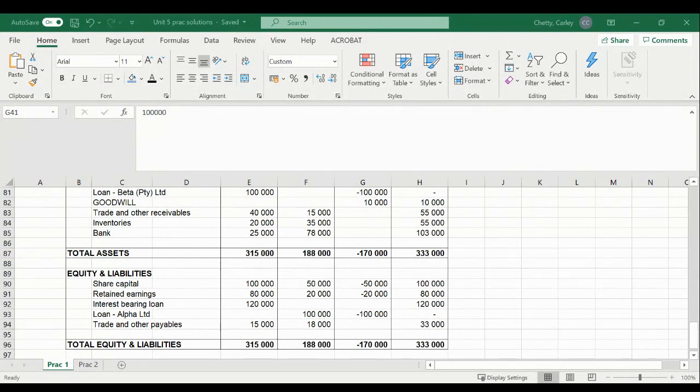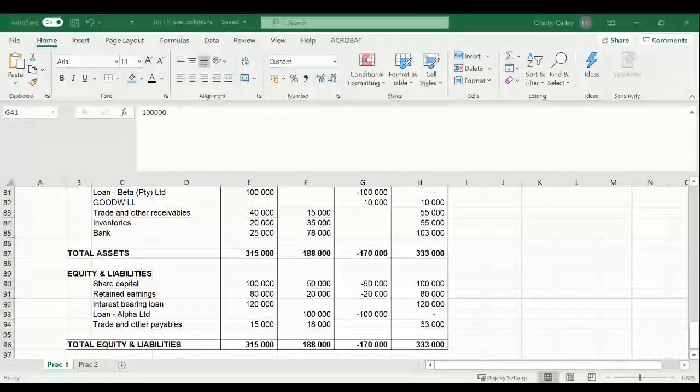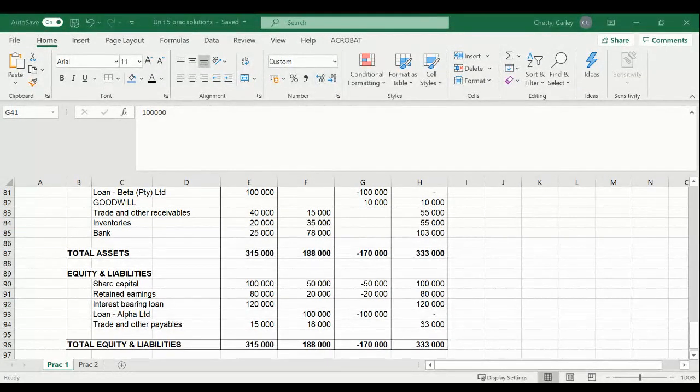On consolidation, we're going to go alpha plus beta, and this is going to give us 33,000 Rand of trade and other payables. So we're going 15,000 trade and other payables in alpha plus 18,000 Rand trade and other payables in beta. And this gives us 33,000 Rand trade and other payables in the consolidated financial statements.